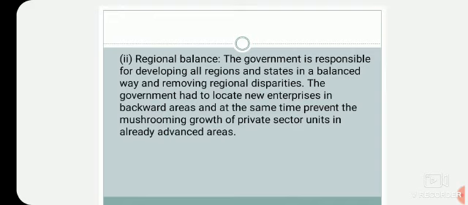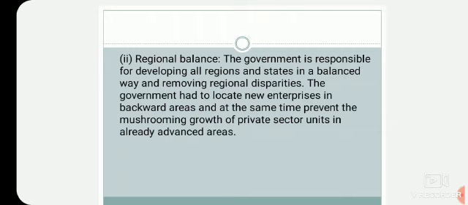Most of the industrial progress was limited to a few areas like the port towns in the pre-independence period. After 1951, the government laid down in its 5-year plans that particular attention would be paid to those regions which were lagging behind, and public sector industries were deliberately set up.